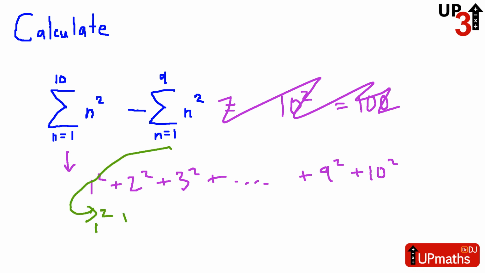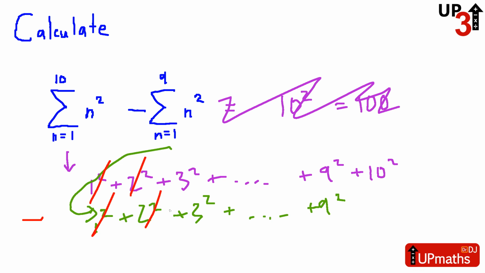That's 1 squared plus 2 squared plus 3 squared plus up to 9 squared. Okay, and we are taking away the bottom one. So these cancel, these cancel, these cancel, and they all cancel, and we just get left with the 10 squared.